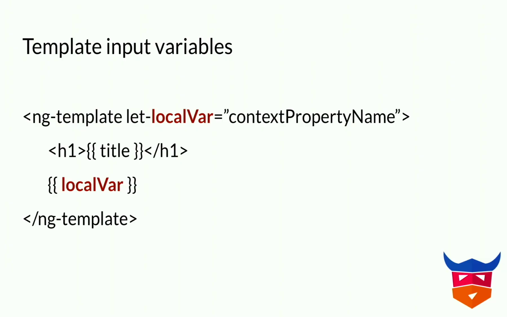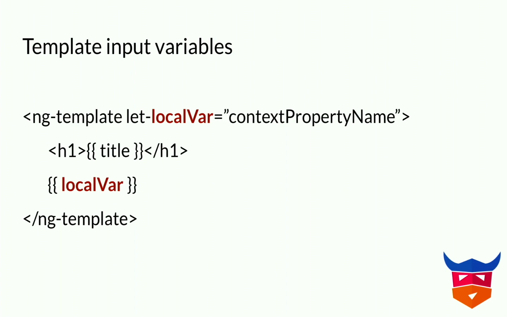The embedded view will be able to have property binding, interpolation, and event binding, just the same as a component view would. But how does it get its data? The context for ng-template is the component template.